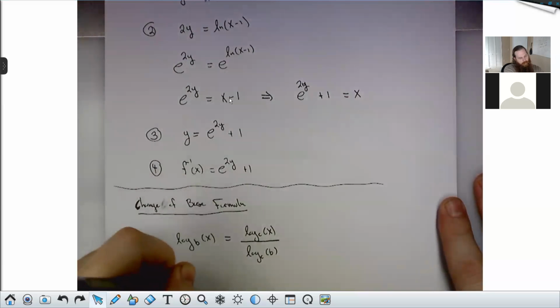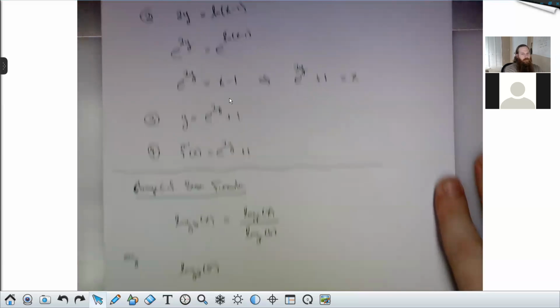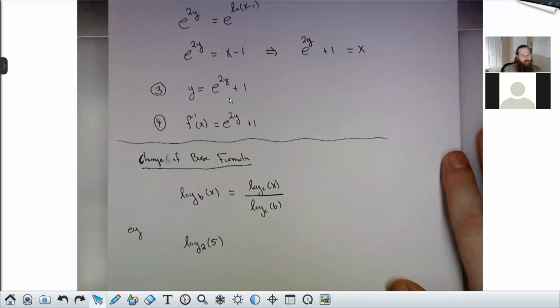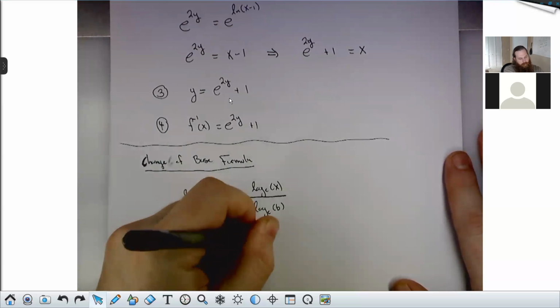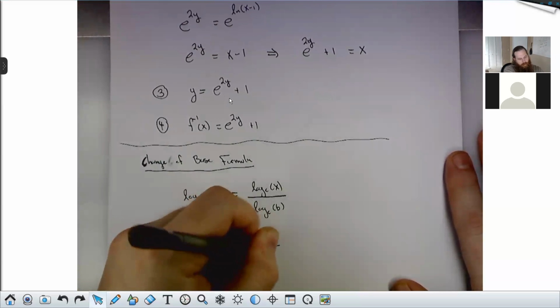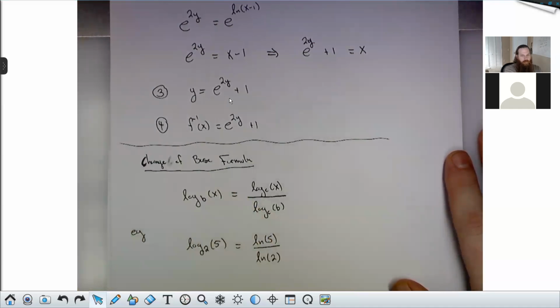Like the base 2 log of 5. If I want to write that as a natural log, I can write that as ln 5 over ln 2, just in terms of natural logs.